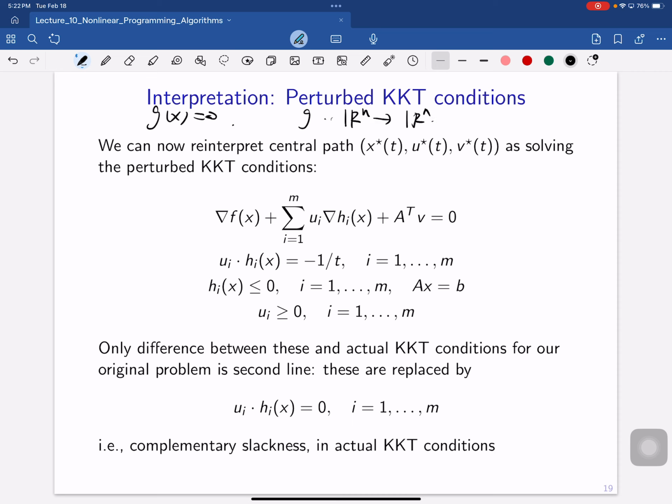So what you can do is getting a first order approximation of this g of x using the Jacobian matrix, right? And then solve that first order approximation to get the solution to this nonlinear equation here, okay?